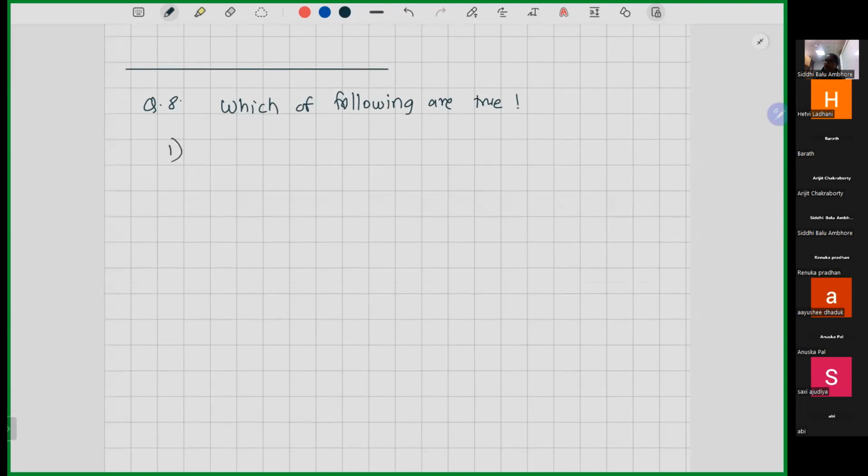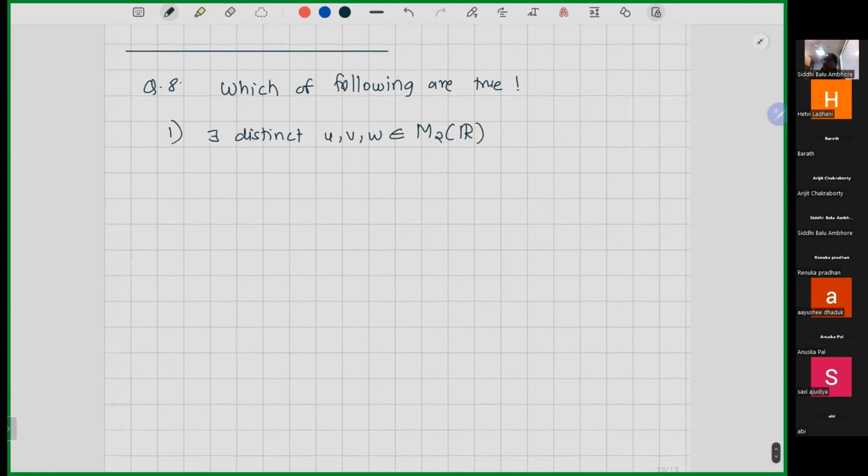The first one is: there exist distinct u, v, w in M2(R), the 2 by 2 matrices over R, such that span of {u, v plus w} is equal to span of {u plus v, w}.